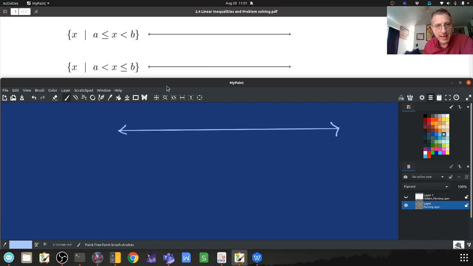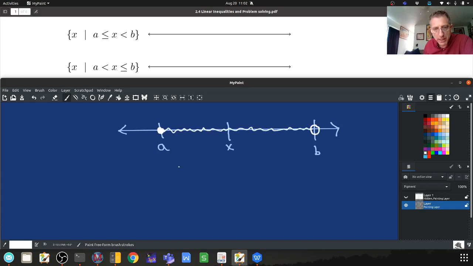Here I'm using x. These are all numbers x such that x is greater than or equal to A. So A is included, but B is not, because x is less than B. So those are my not included, included, and it contains everything in between.